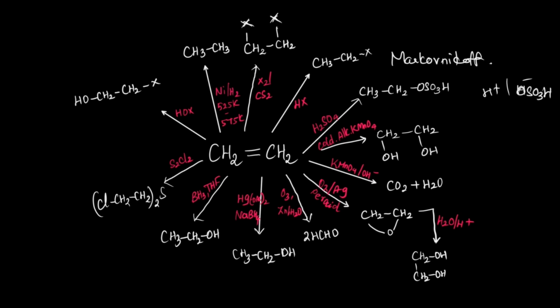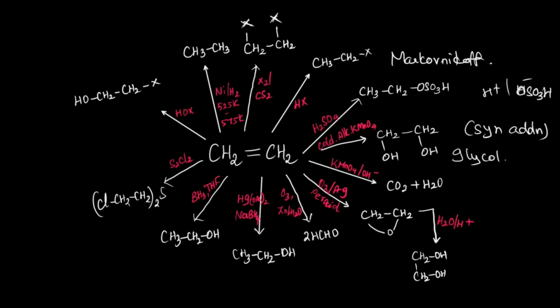Then the point to be noted, cold alkaline KMnO4 leads to formation of glycol, and this is a syn addition. Syn addition means both the groups are added on the same side. And if I am using hot KMnO4, that will lead to the formation of CO2 with H2O.